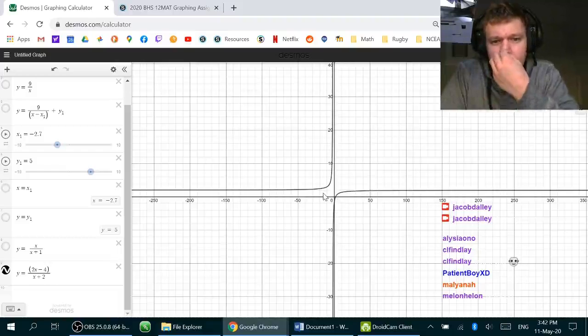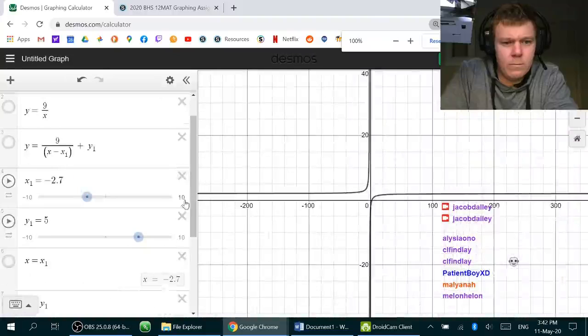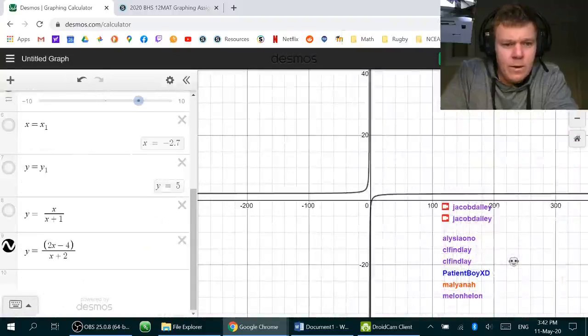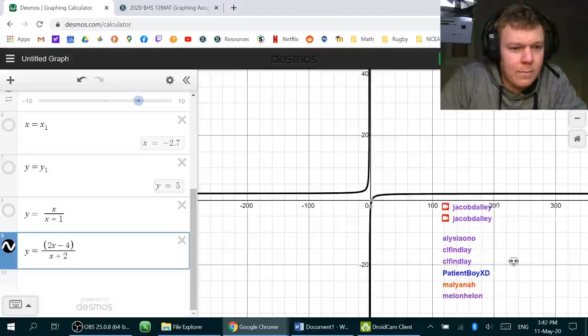Now you might think, why is that for this particular type of graph? Well, think about x going to infinity. If x is going to infinity, then the minus 4 doesn't really matter anymore. And also, this plus 2 doesn't really matter anymore.